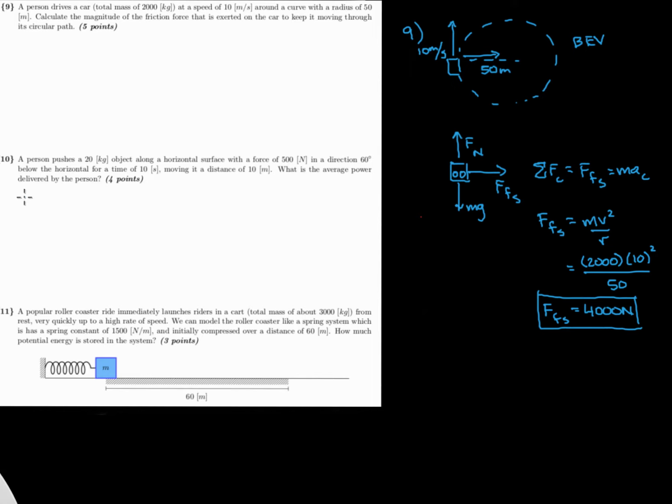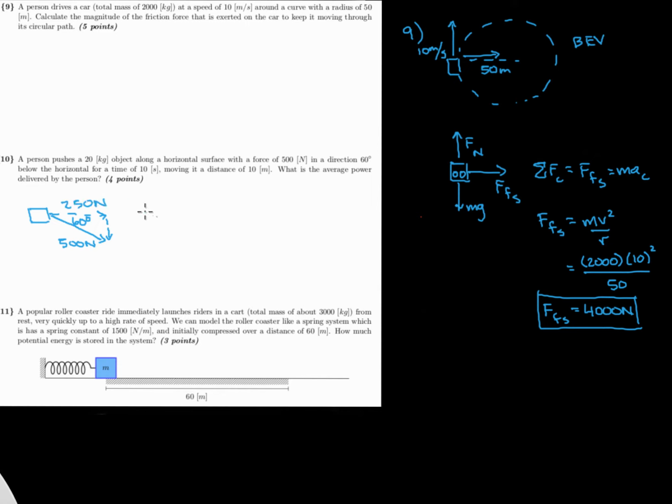Okay, so here's the object, and they're delivering a force of 500 newtons. We'd have to break this up into its components, where this is 60 degrees. So this would be 500 sine 60, and this would be 500 cosine 60. Right. 500 cosine 60 is 250.